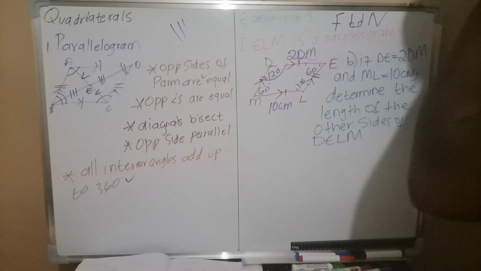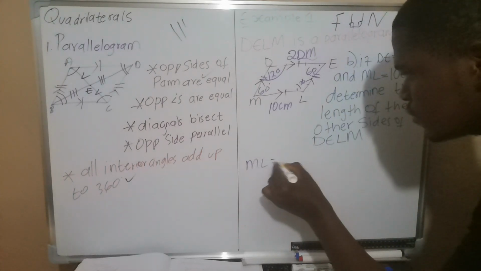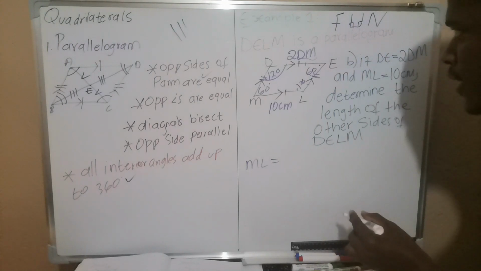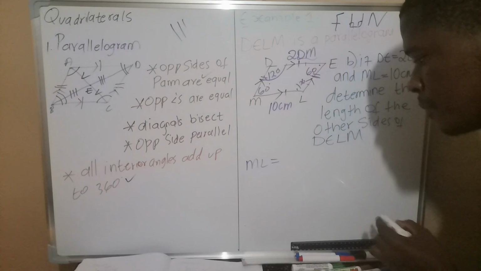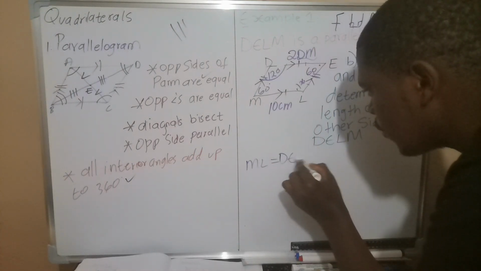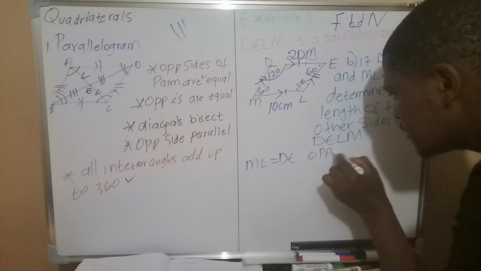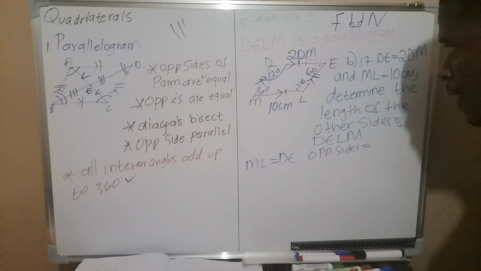Now we have ML is equal to DE, because opposite sides are equal.